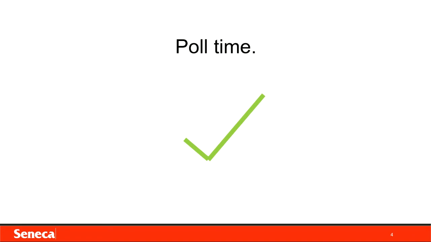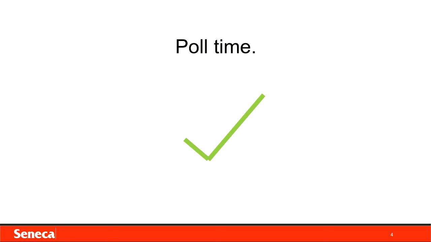So if you're not familiar with the poll option in Blackboard Collaborate or some other web conferencing tools, it is a way to engage the audience and your students if you're using it with your students, just to get a quick snapshot of how everybody's feeling and important information that you can use during your session. So what you would do is just click one of the options there. Just a couple more people left to respond.